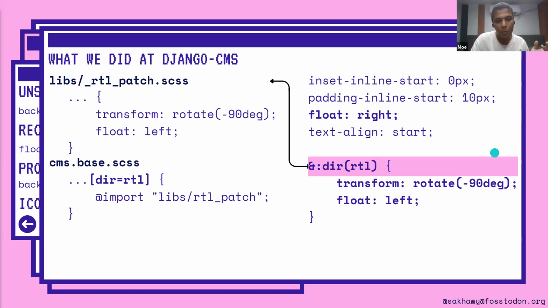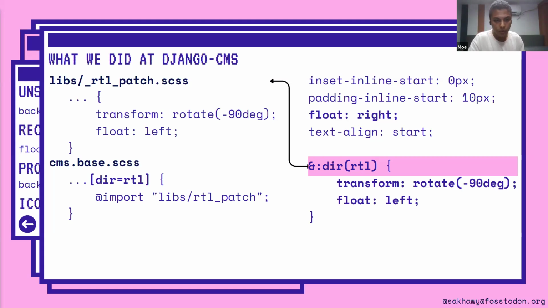Now you might say that we're back at the same point, as when we used the big RTL.css file, with some duplication here for this specific case. But it's not exactly that. This patch is only for edge cases, if you want to support older browsers that don't understand what the dir pseudo class means.